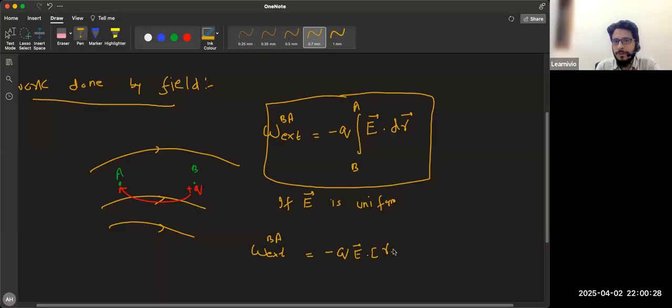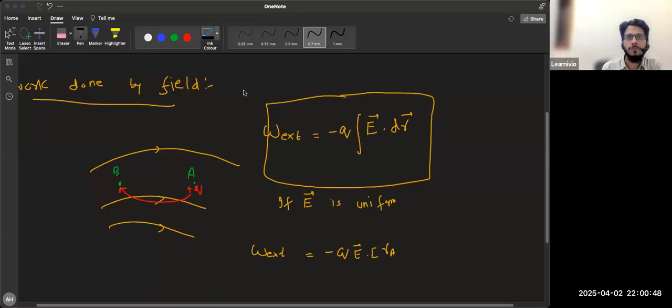It's RA, or you will get confused. Usually you people remember A to B. So let's call this point A and call this point B. So let's calculate work done from A to B, not from B to A. Otherwise you can get confused in it. So we need work done from A to B.